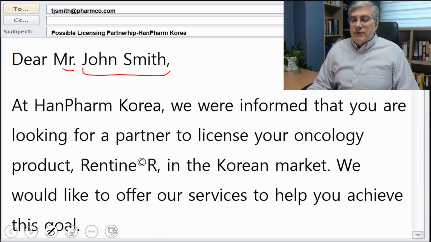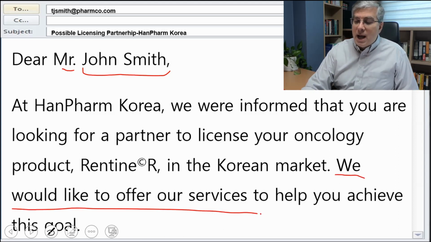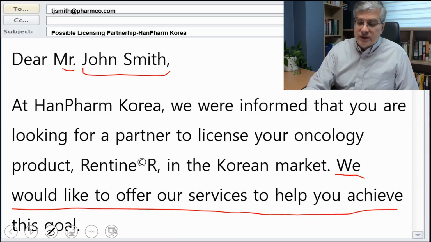What is the first paragraph? The first paragraph says, at Han Farm, Korea, we were informed that you are looking for a partner to license your oncology product, Renting R, in the Korean market. We would like to offer our services to help you achieve this goal. Okay, so this last sentence here is really why I am writing this person, Mr. John Smith.